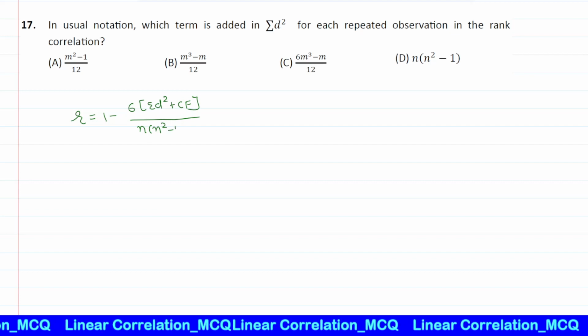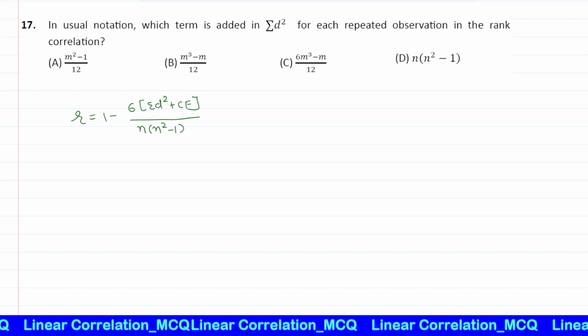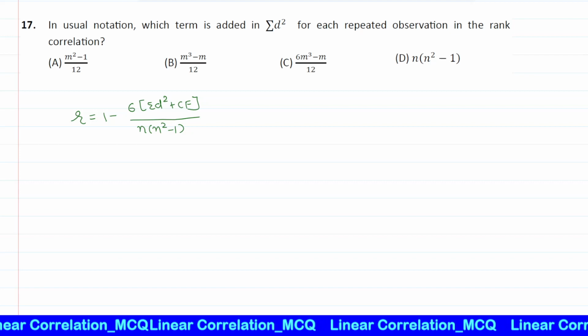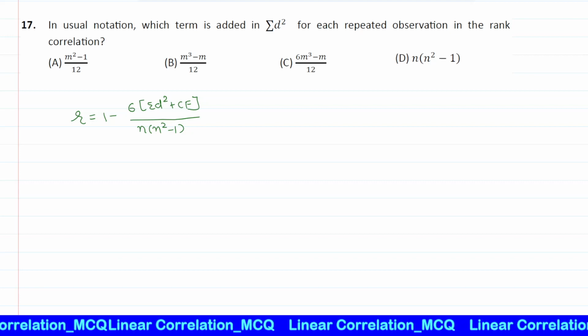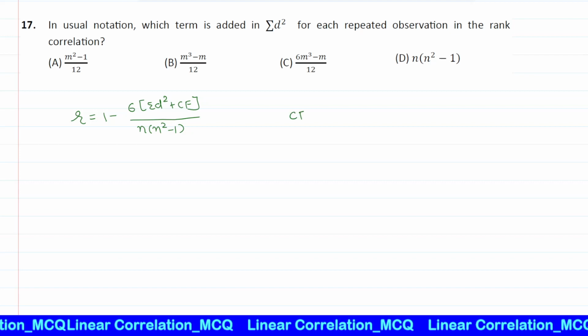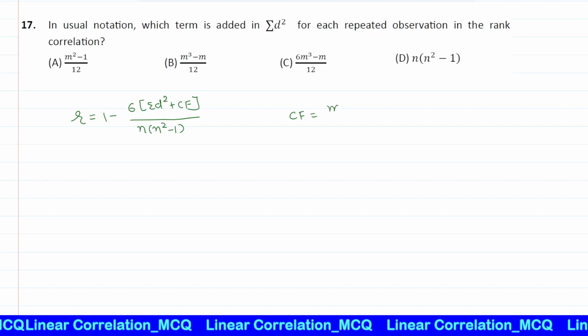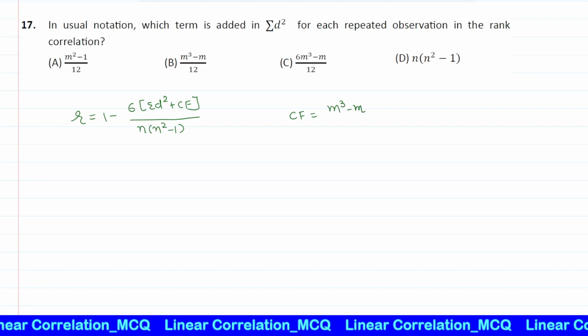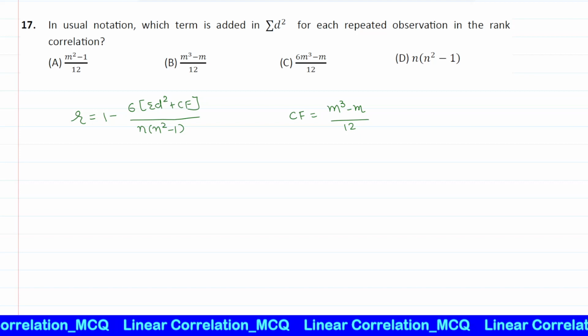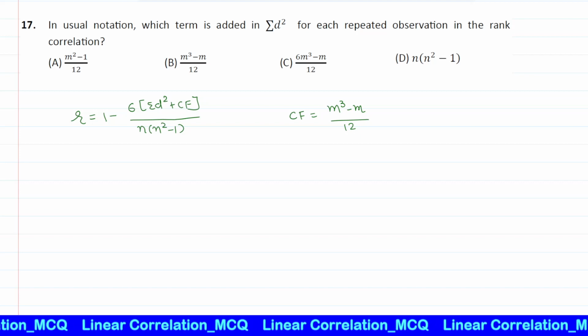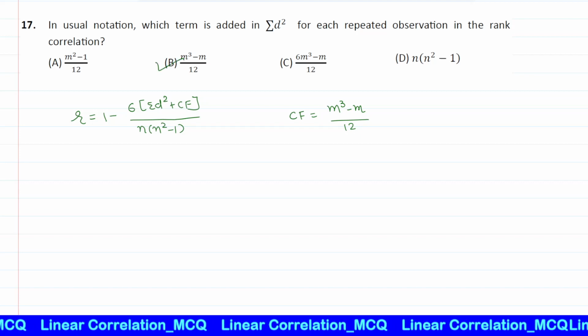The question is asking which term is added in sigma d square. We add CF, where CF is the correction factor and equals m cube minus m upon 12, which is given in option B. Option B is correct in the 17th question.